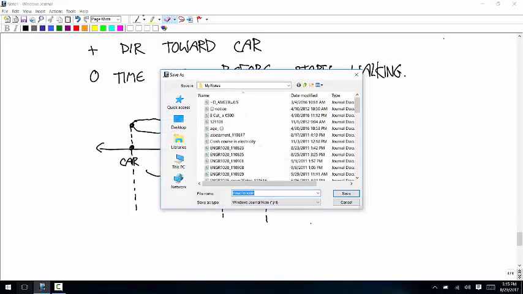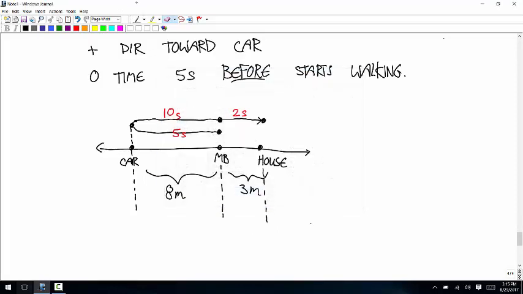Okay, so notice that what I have here is still perfectly good with the new choices of 0 position and positive direction and 0 time. This is just describing what happens. The man still starts at the mailbox and goes to the car, back to the mailbox, back to the house, and it still has these elapsed times between.